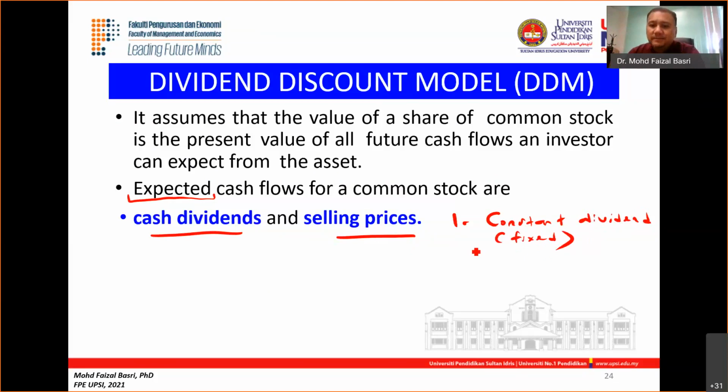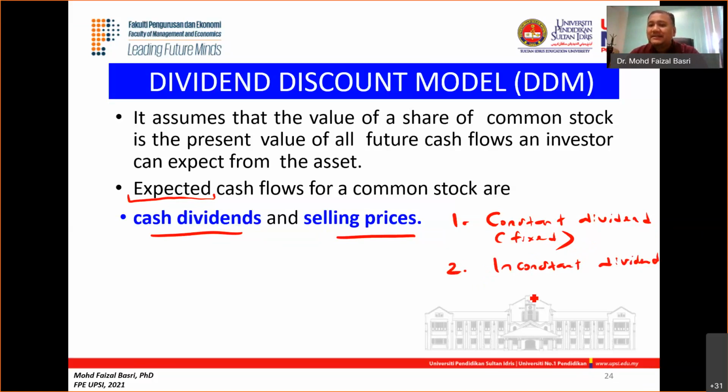The second model is the opposite of constant dividend, which is inconstant dividend. Inconstant dividend means the amount of dividend will change from time to time.